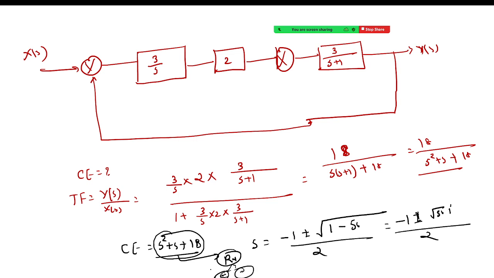If any of the roots is positive, here you will get two roots, then the system would be unstable. But if both of the roots are negative, then definitely the system will be stable. That's what the case is. I'll talk about the complex or imaginary root later on. But let's say we are getting this kind of root, minus 1 plus minus root 56 upon 2, right?